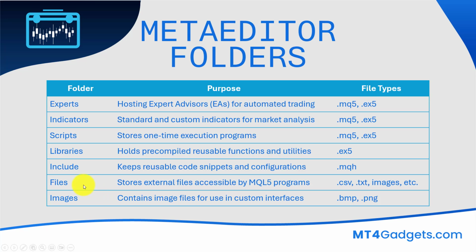Another folder is the files folder, which stores all the external files accessible by MQL5 programs, and there is a variety of file extensions that you can place in the files folder. Could be CSV files, TXT, images, anything really, any type of files that you want to interact with in your custom indicators or bots.